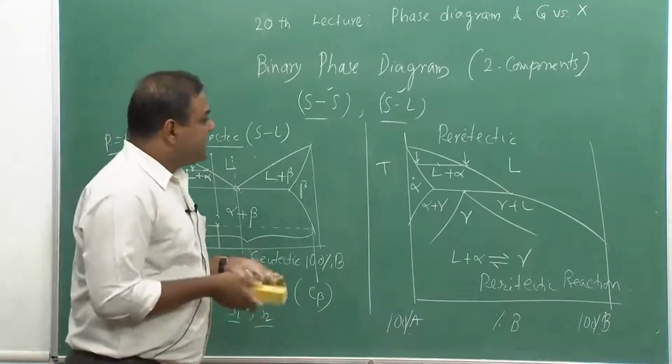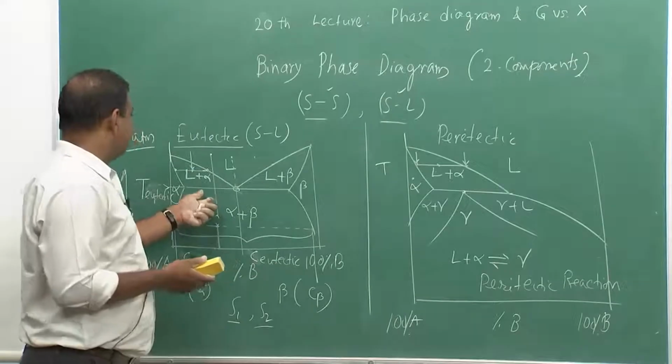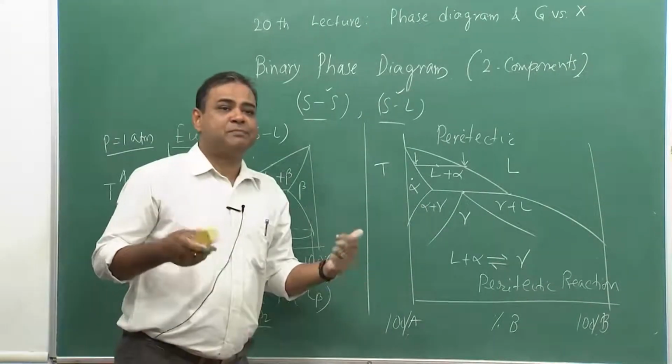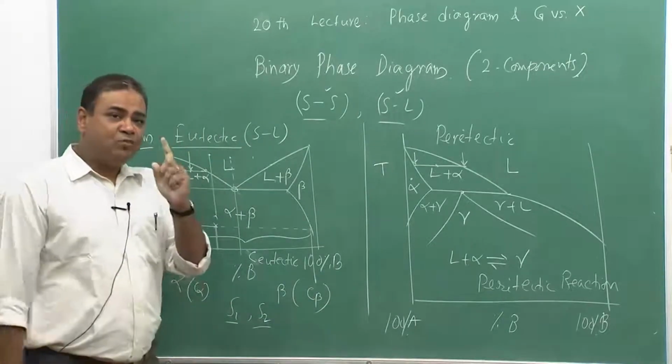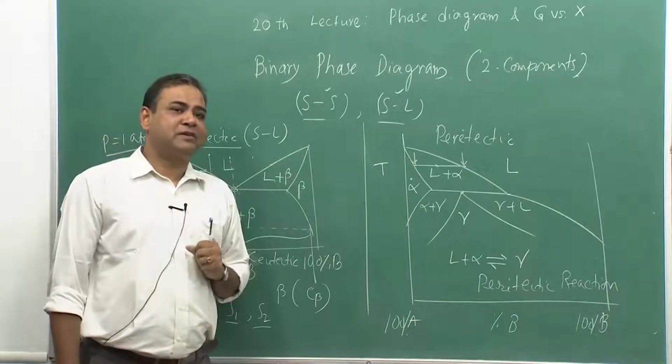But now let us come to, since we are saying that eutectic as well as peritectic are both present in the iron carbon diagram, there is one more reaction that is very important in the case of the iron carbon system.